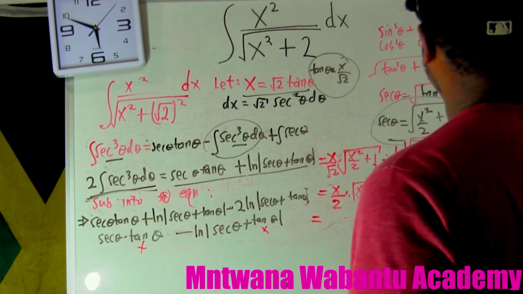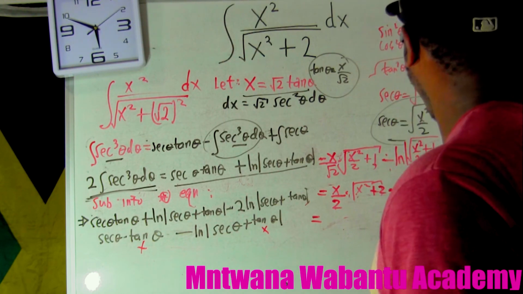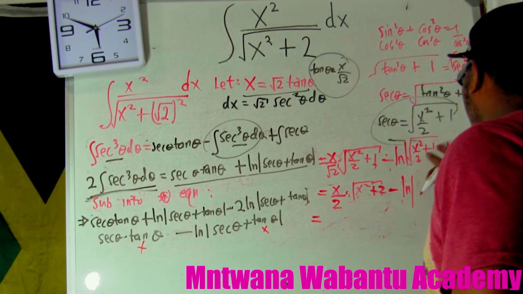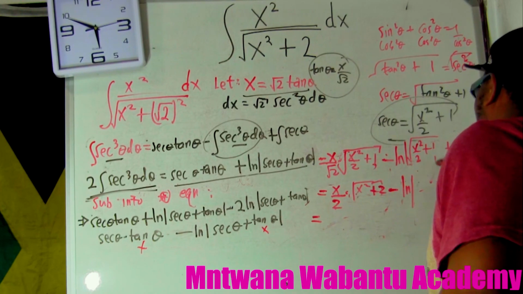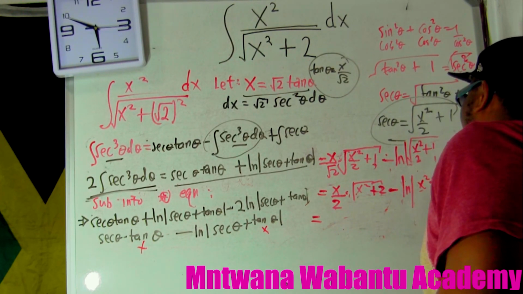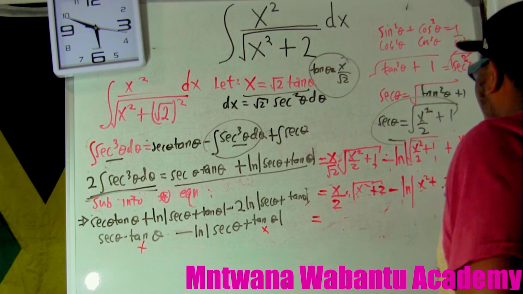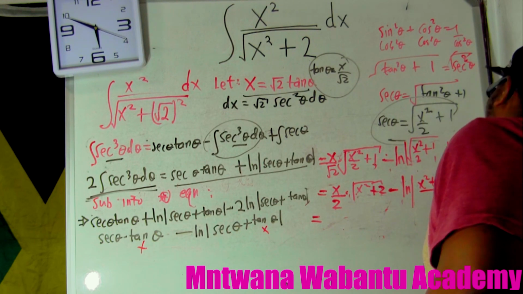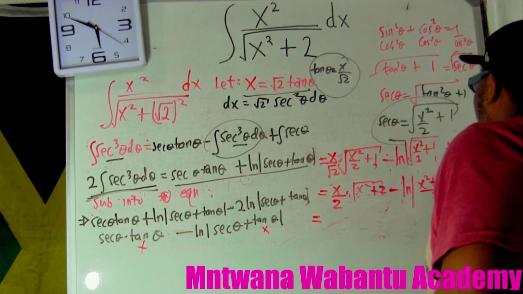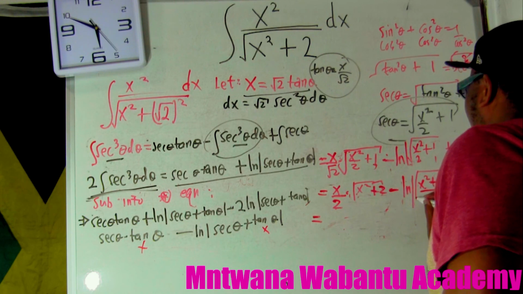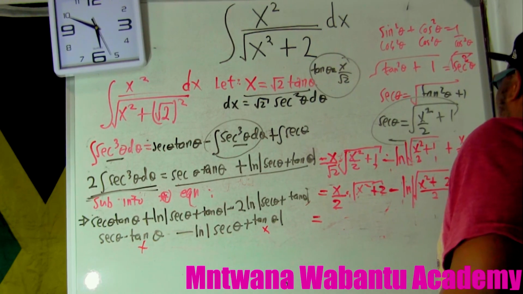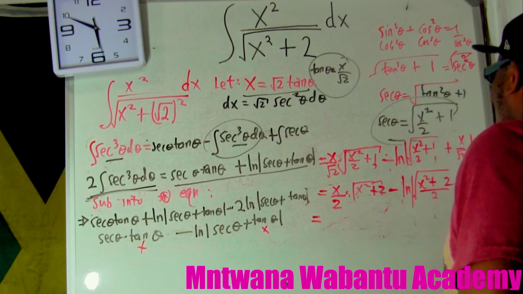Now I can rewrite this as, look, 2 times 1 equal to 2, 1 times x squared equal to x squared, plus. And then I can say all of this over 2. And then we have a root here for both. And then here plus x over square root of 2.